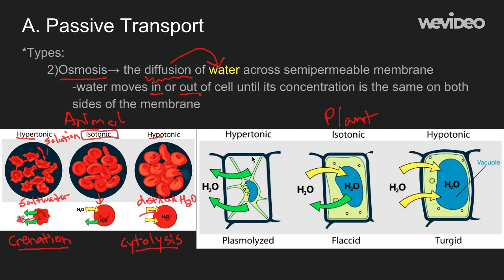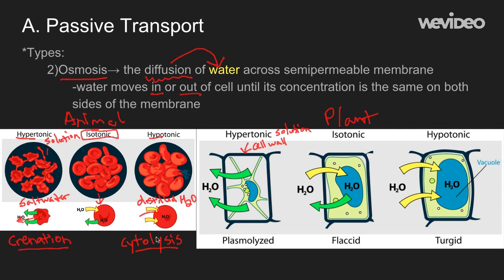A plant cell is a little bit different because what do you notice? Kind of the dark blue here in navy color. Yeah, they have a cell wall. So if you place a plant cell in a hypertonic solution, again, not the cell, we're talking about the solution, the water will leave the cell. Notice the cell wall stays there, and the plasma membrane shrinks away from the cell wall.